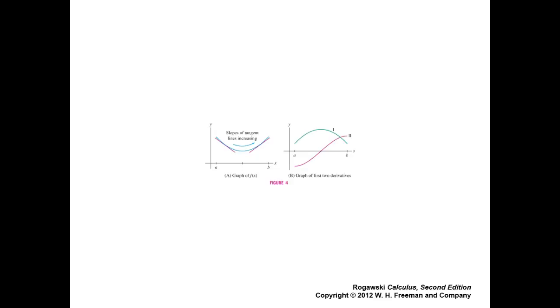Right, and the second derivative would be negative. Here, the rate of change of the first derivative is very negative, a little bit less negative, a little bit less negative.